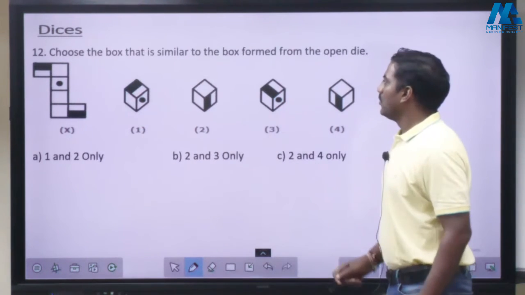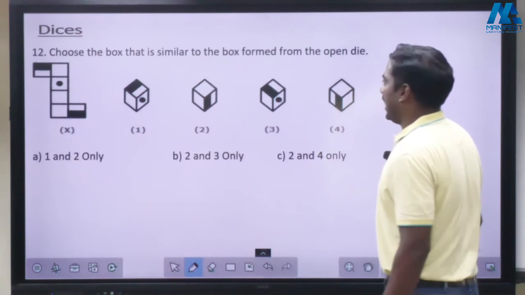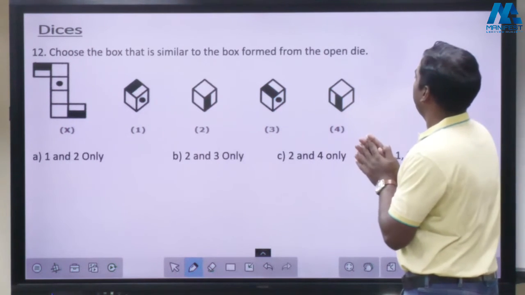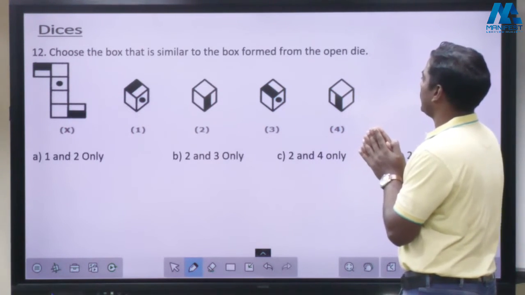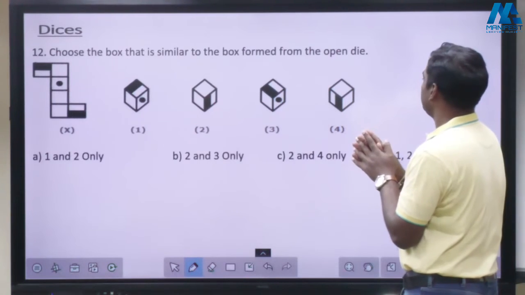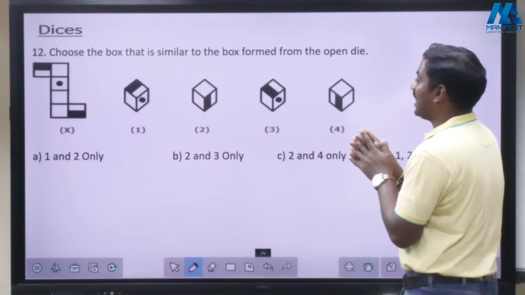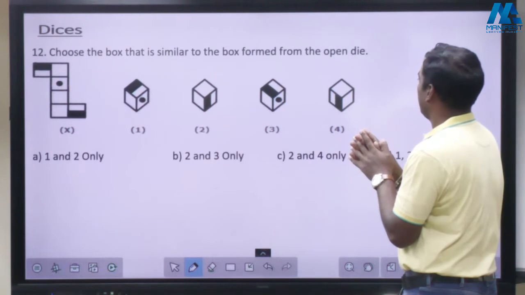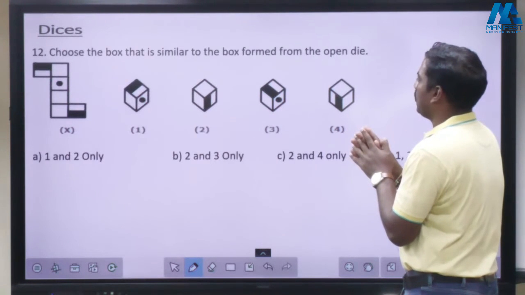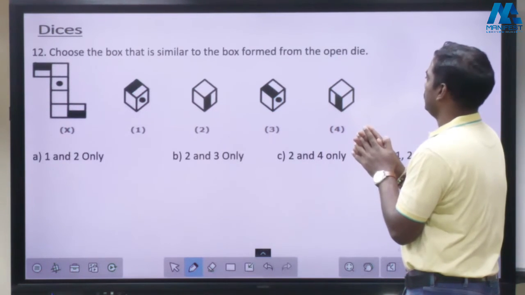Now, choose the box that is similar to the box formed from the open die. Again, 3 blanks. Oh my God. 2 shaded portions opposite to each other.